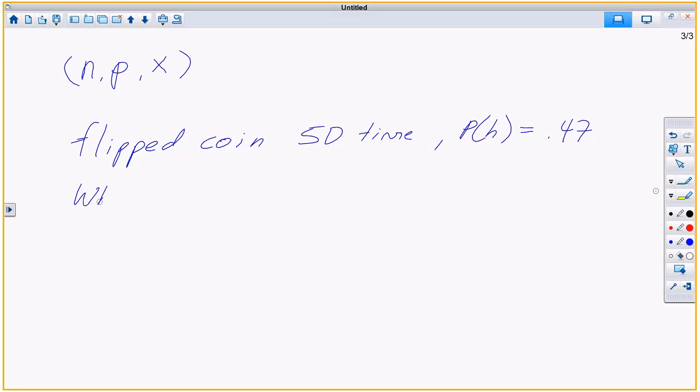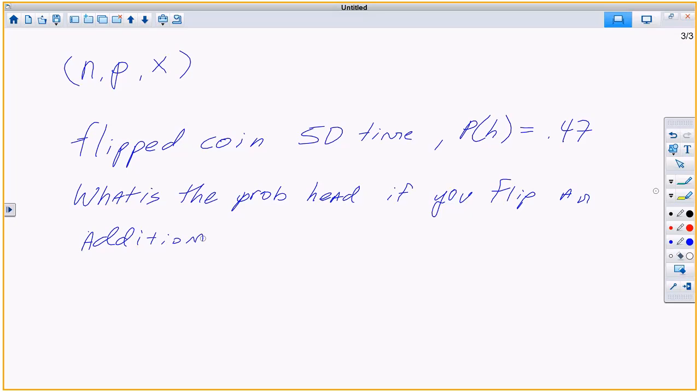What is the probability of heads if you flip an additional 10 times? This is the second type question you'll get in this unit, 6.1 and 6.2. All right?